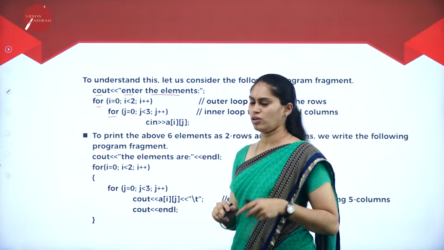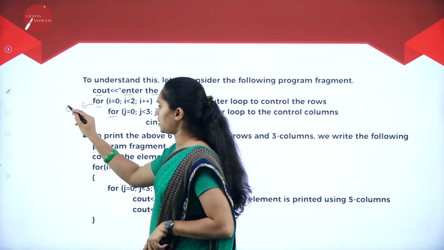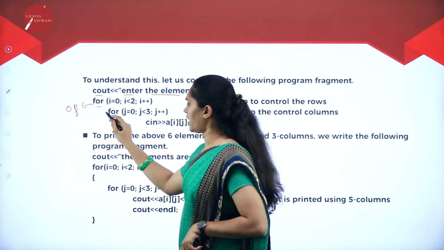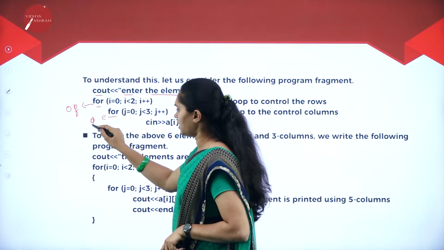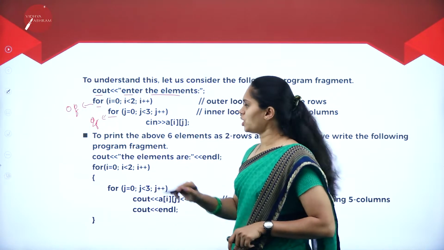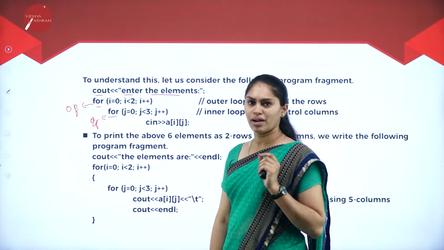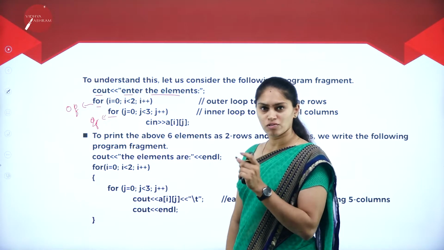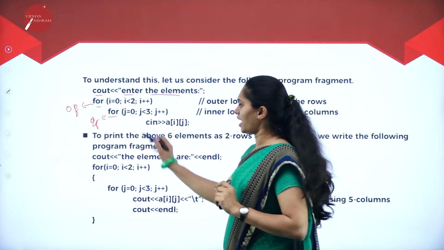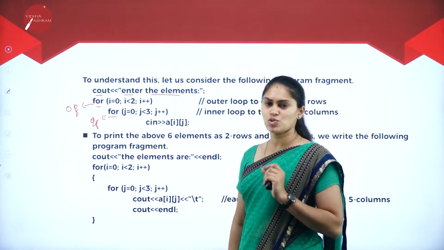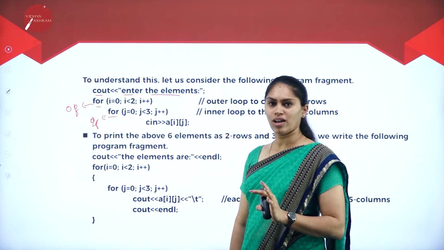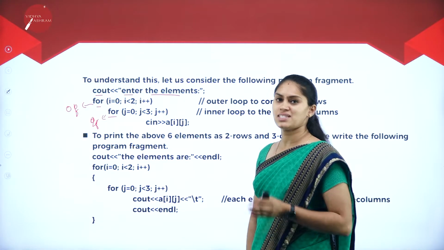We have 2 for loops. The first for loop is considered as the outer for loop, and this is considered as the inner for loop. The outer for loop is meant for the rows, the number of rows and elements of rows. And the second for loop is used to represent the columns or the number of elements in a column.